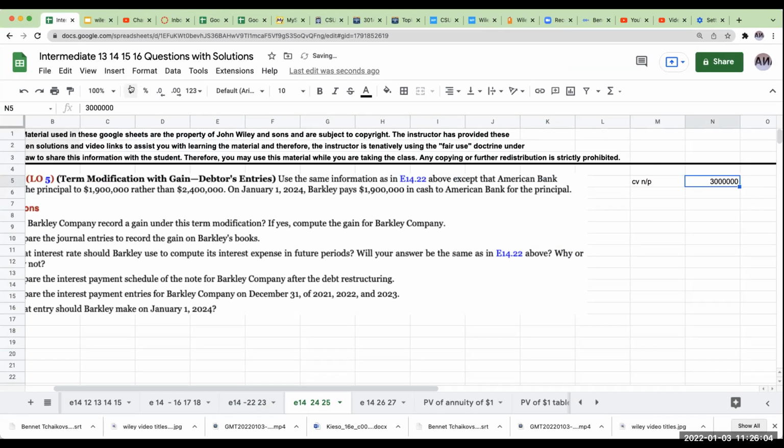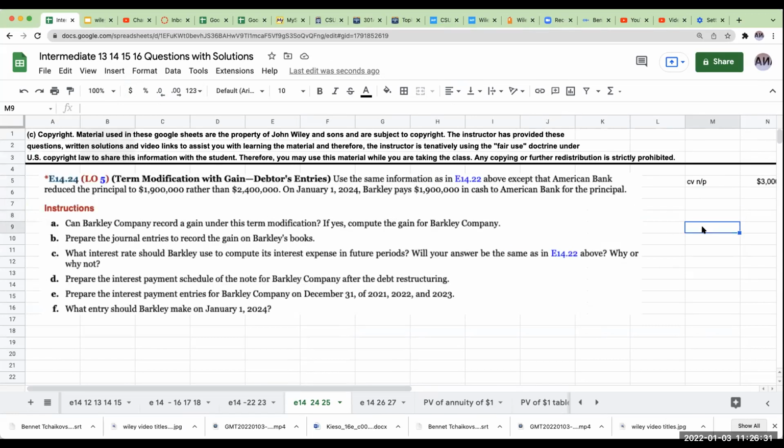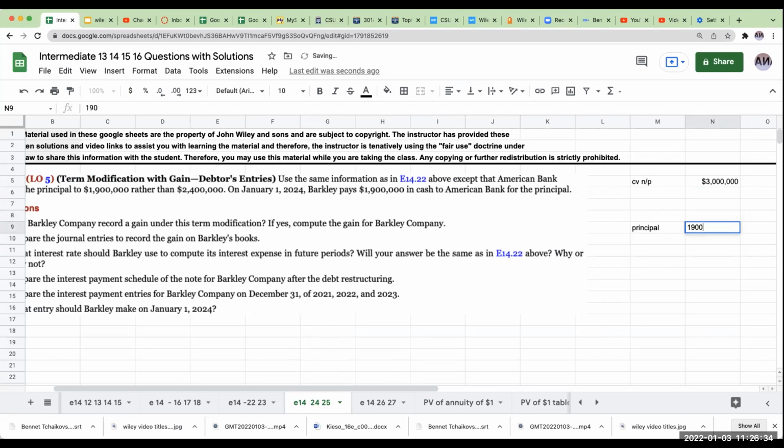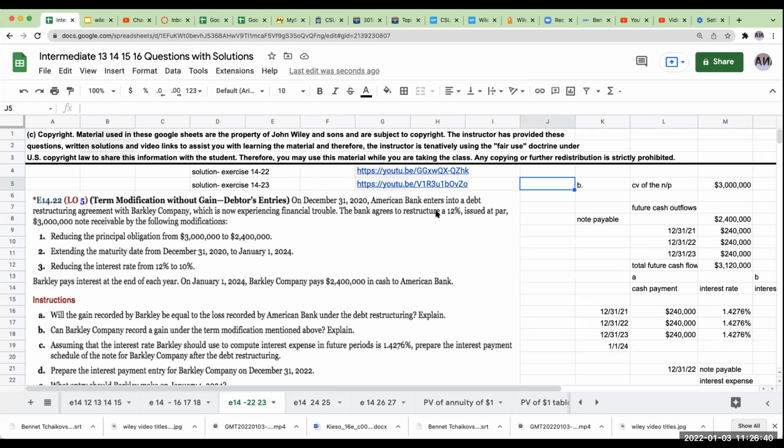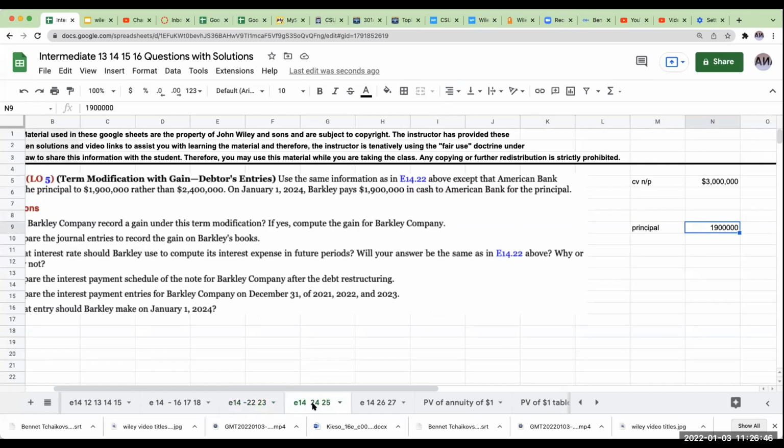Now, the magic here is that we would record a gain if the future cash flows, undiscounted, are less than the carrying value of that note payable. The principal is going down to 1.9 million. The bank agrees to restructure the interest from 12% to 10%.